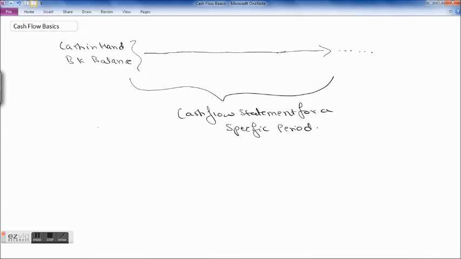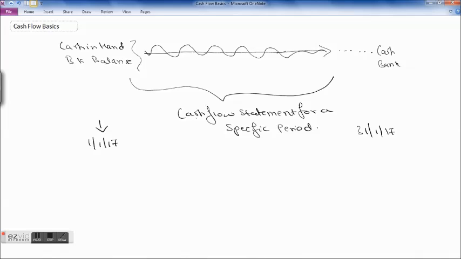Say there is a cash and bank balance at the beginning of Jan, and then there is a cash and bank balance at the end of Jan. The cash flow statement will analyze why there are changes in the cash balance and the bank balance during the month. There will be some increase, some decrease in the cash balance.